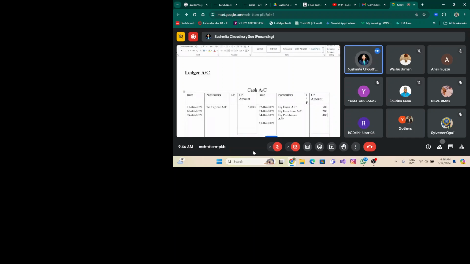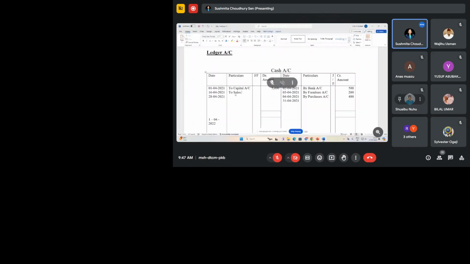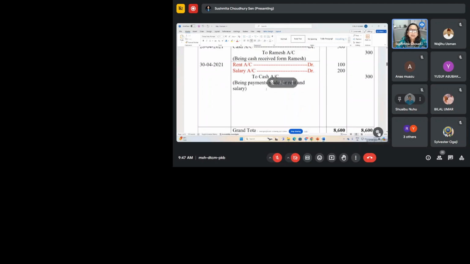Then for the entry where we can see cash account debit to sales account, I write to sales account and 600 rupees, and the account is done.